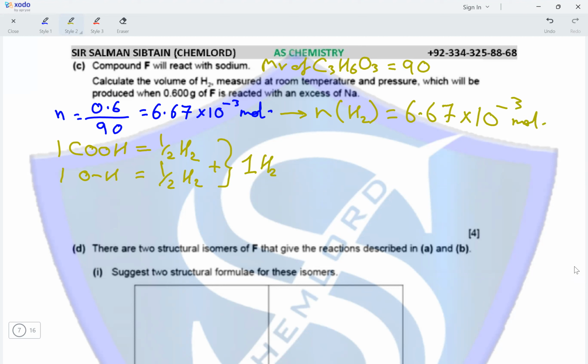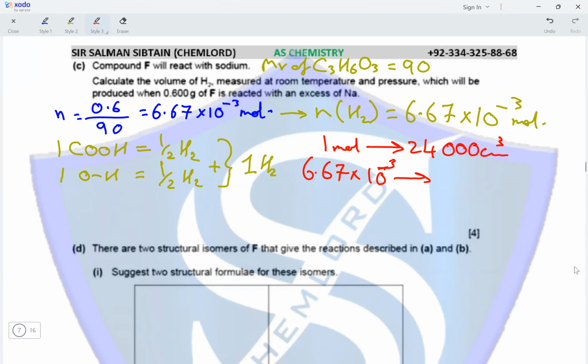So we need to calculate the volume. We know that 1 mole of any gas at RTP occupies a volume of 24 dm³ or 24,000 cm³. So we have 6.67 × 10⁻³ moles present.